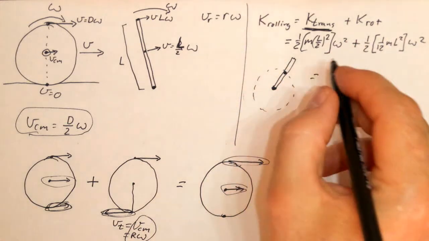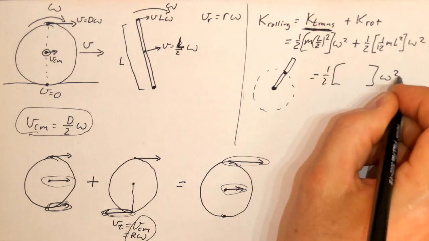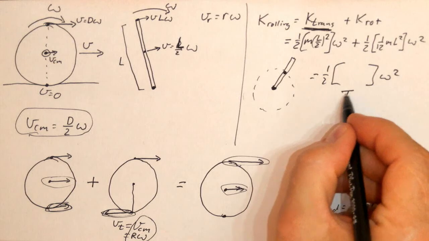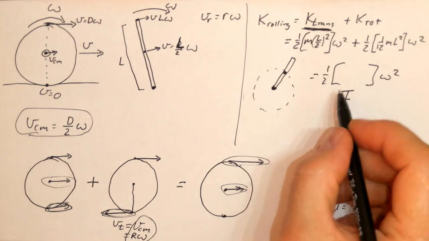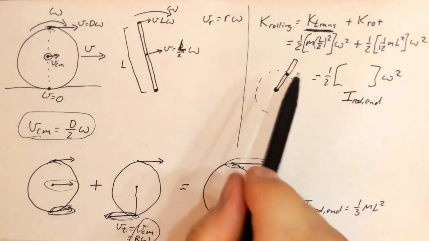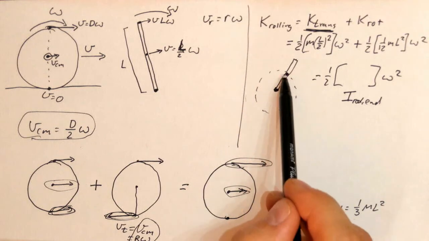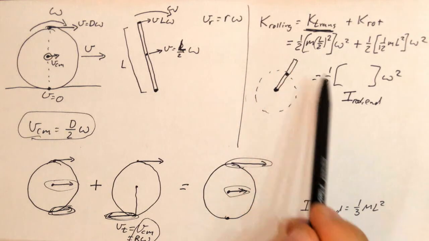If we pull that out and make it look like a 1/2 times something omega squared, then this should be I for a rod rotating about its end. Okay, this is collecting the center of mass moving and then the rod spinning about its center.